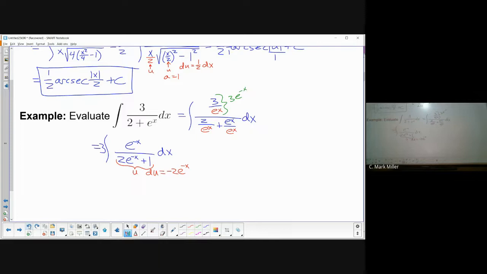So it's not negative 2x? Nope. The derivative of the top comes down. So over here, d dx of e to the u, e to some function u of x, is u prime of x, e to the u of x. So the derivative of what's up here comes down, which is a negative sign. The 2 stays there.